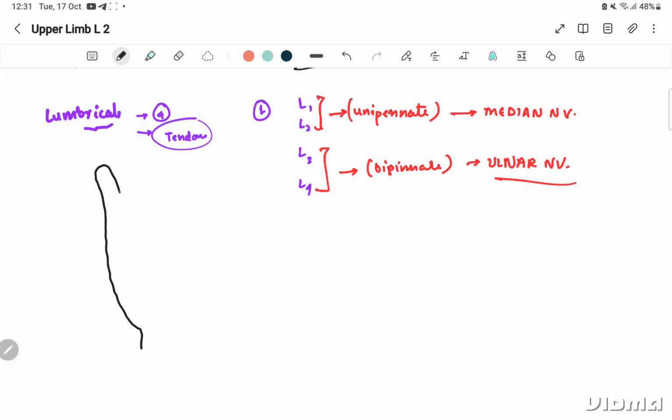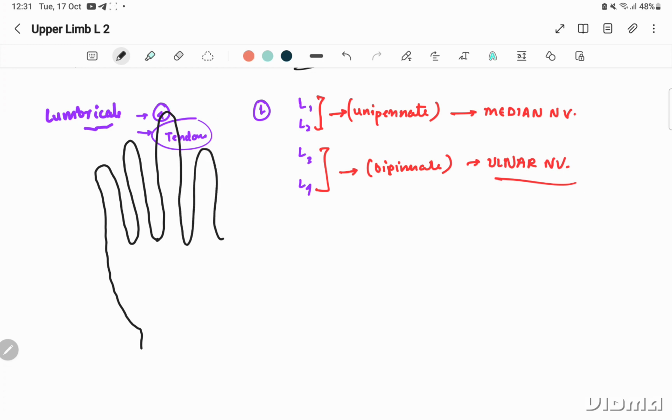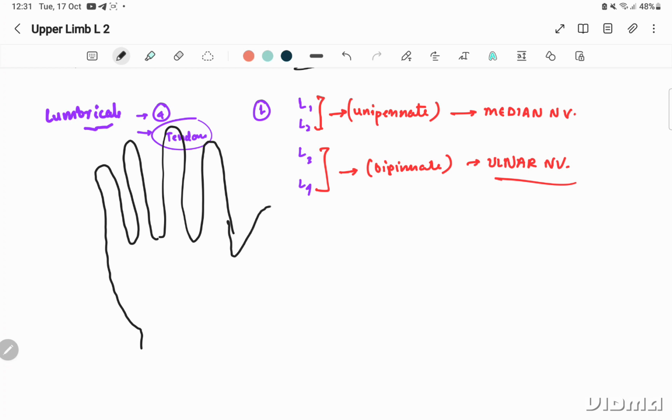So let's say this is the hand, this is the little finger, the ring finger, middle finger, index finger. Okay, now it's fine.